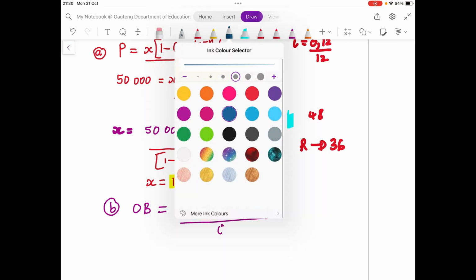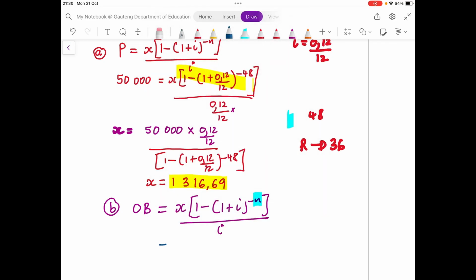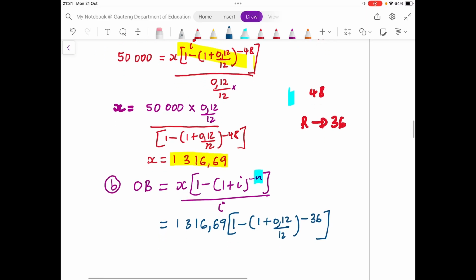So this is equal to our X, which we calculated as 1,316.69, into 1 minus 1 plus 0.12 over 12 to the exponent of the remaining payments after 12 payments have been made, so 36. Then you close the bracket, all divided by 0.12 over 12.